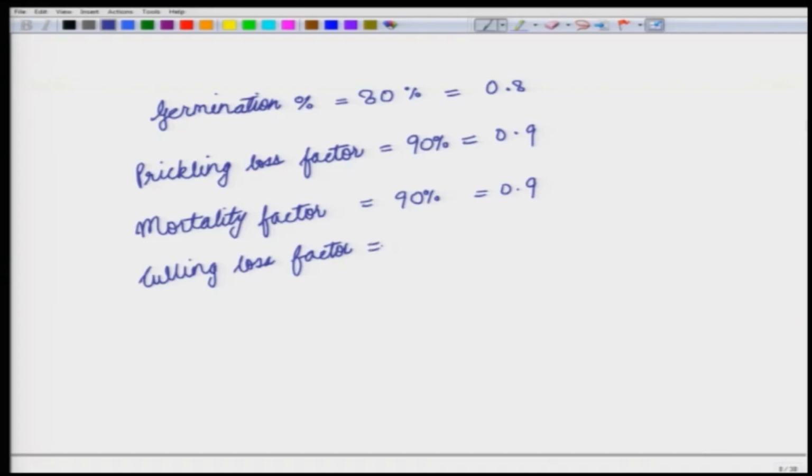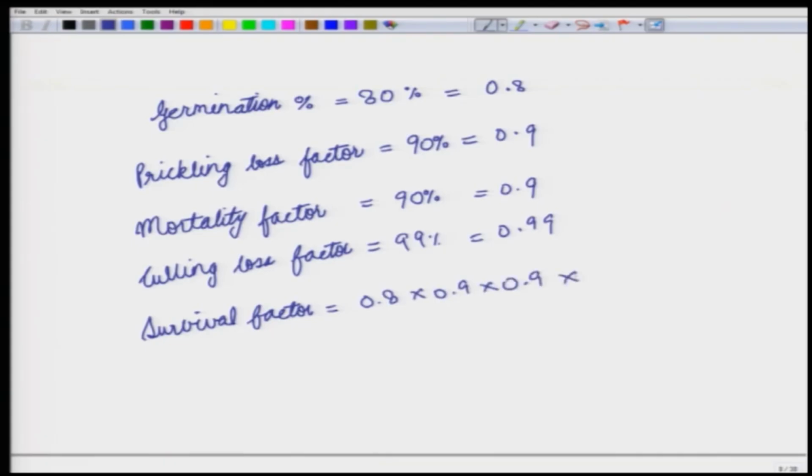Suppose 1% of the plants are culled. So, the culling loss factor will be 99% or 0.99, and then your survival factor will be given as 0.8 into 0.9 into 0.9 into 0.99 equals 0.64.